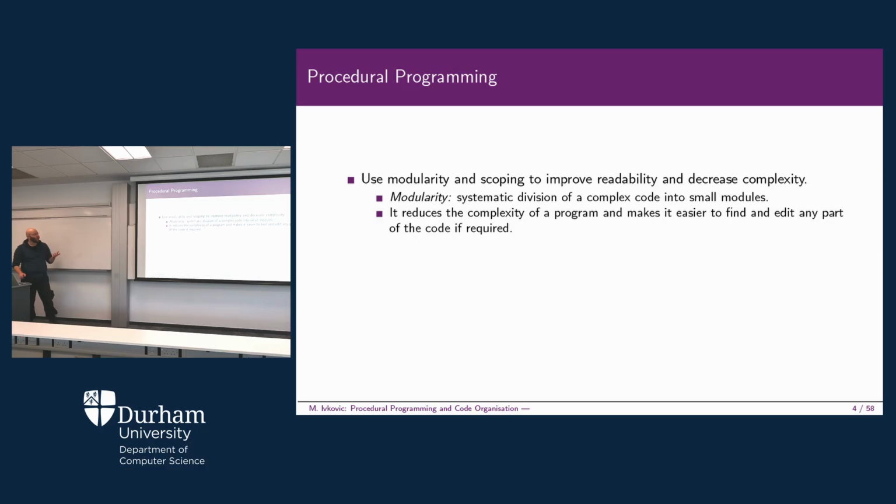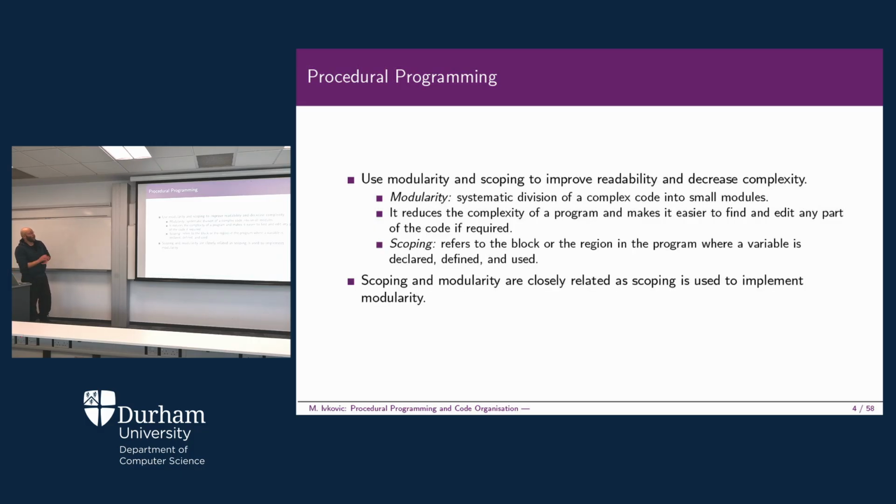So by modularity here, we mean a systematic division of some complex code into smaller modules. This reduces the complexity of a program and makes it easier to find and edit any part of the code if required.